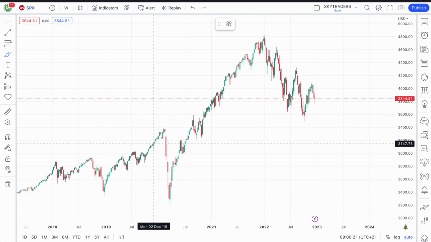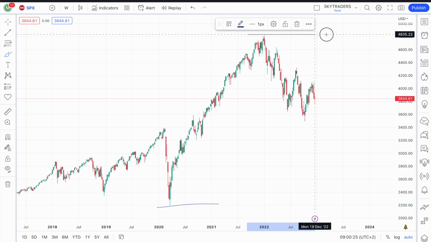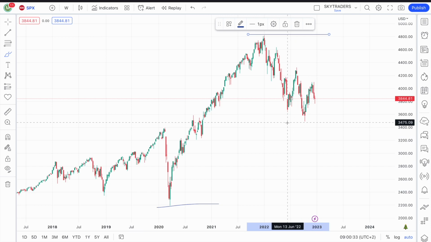On the weekly time frame, the S&P 500, this is the range, right? And again, when we mention that this is the trading range, it's not supposed that we need to complete and fulfill the whole range. It means that we focus on the next liquidity hunts. What are the liquidity hunts?